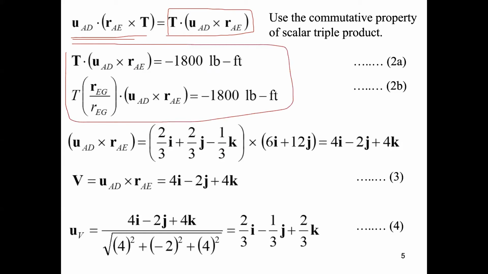The cross product of the unit vector AD and the position vector AE can be calculated because both of them have been calculated. The result will be a new vector, and the new vector will be denoted by vector V. Now we can calculate a unit vector in the direction of vector V. By now, I think we all know how to do that.